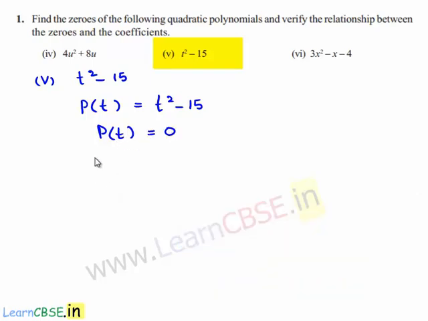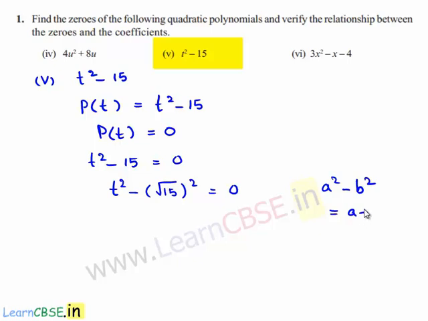So this can be written as t square minus 15 is equal to 0. Therefore, we can say that t square minus root 15 whole square is equal to 0. This is in the form of a square minus b square, which is equal to a plus b times a minus b.